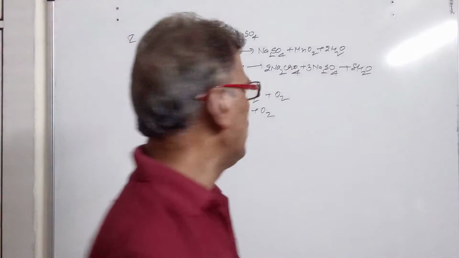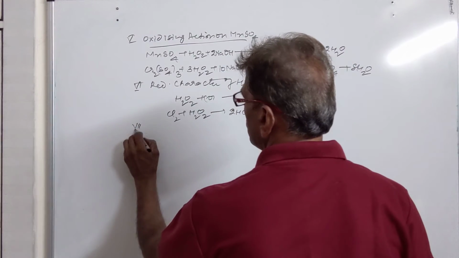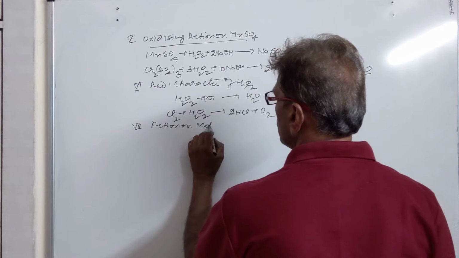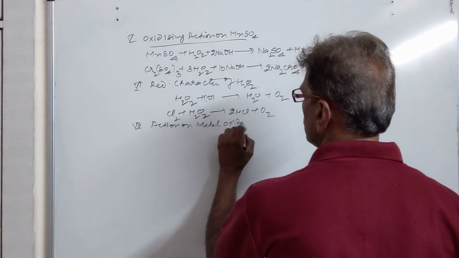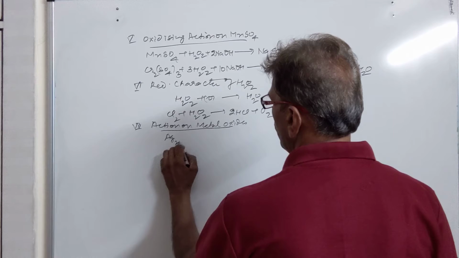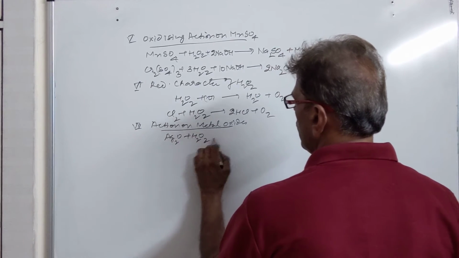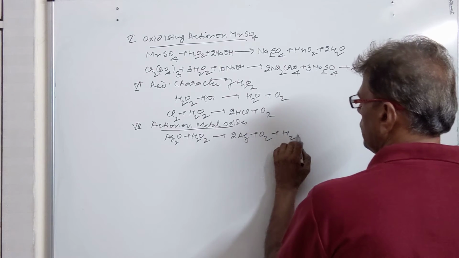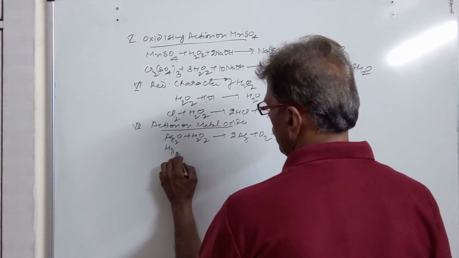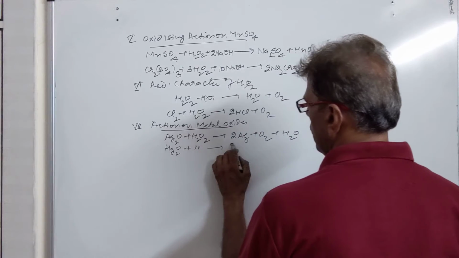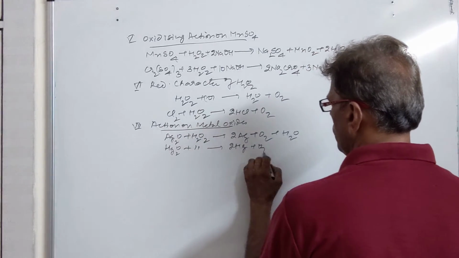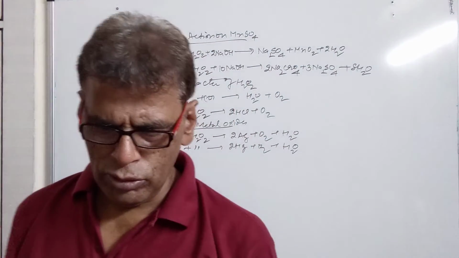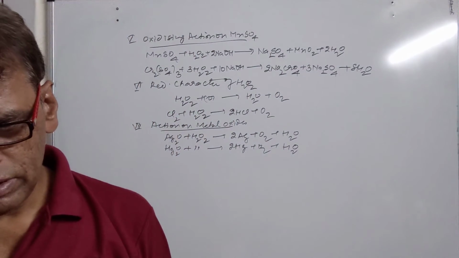Action on metal oxides. Ag2O plus H2O2 will give you 2Ag plus O2 plus water. Similarly, Hg2O combines with the same, we get 2Hg plus O2 plus water. So metal oxides lose their oxygen when combined with this.